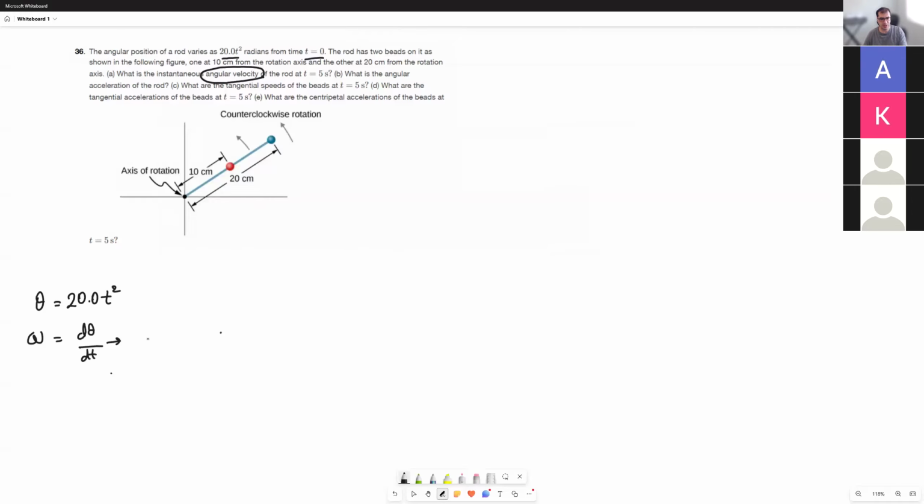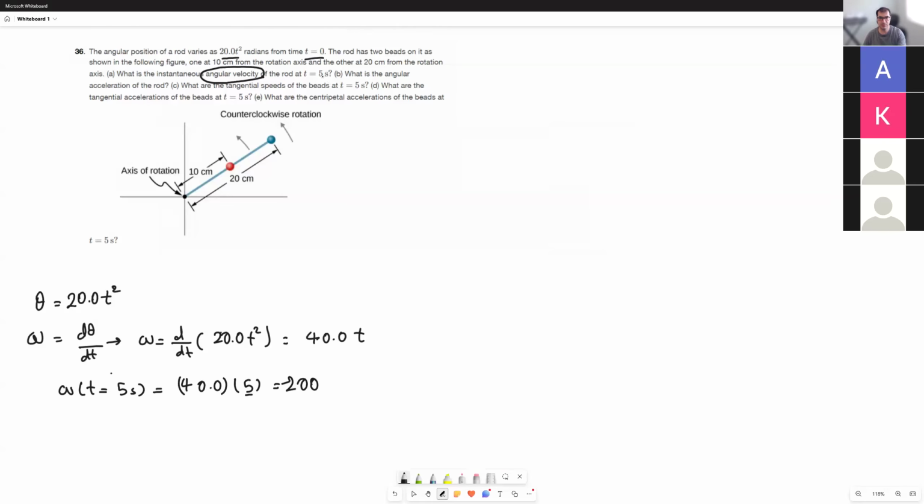So in this case, d of 20.0 t squared, which is going to give you 2 times 20, which is 40.0 t. And then omega at t equals 5 seconds is going to give you 40.0 multiplied by 5. Exactly, just going to need 200.